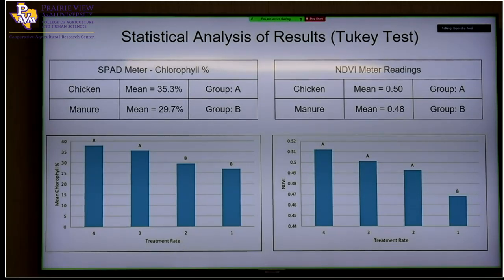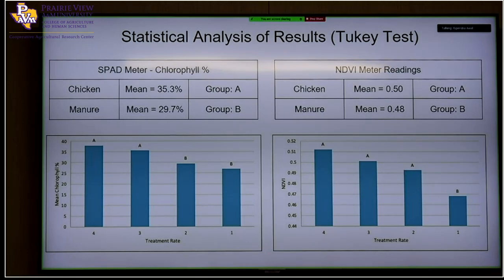And so what we found with the chlorophyll and NDVI is that there was still a difference between the amendments being used between chicken and manure, where chicken basically showed to have a healthier plant when it comes to the NDVI that was measured and then the chlorophyll content.